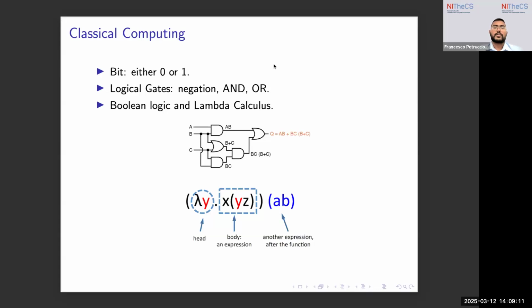To reason about classical computing, we represent abstract functions, and we allow to build certain expressions with variables.